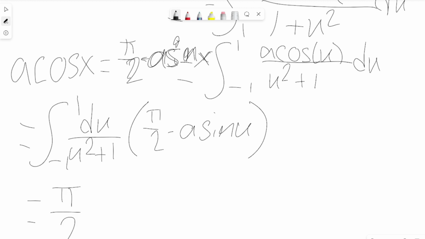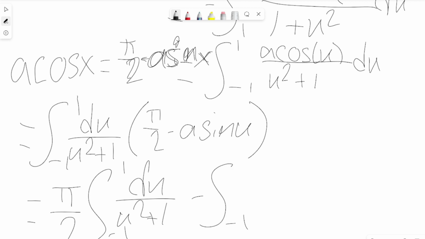Let's just expand this real quick. That equals pi over 2 times the integral from minus 1 to 1 du over u squared plus 1, minus the integral from minus 1 to 1 inverse sine of u over u squared plus 1 du.